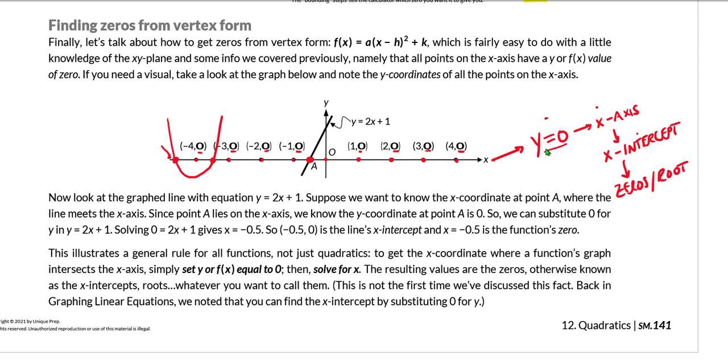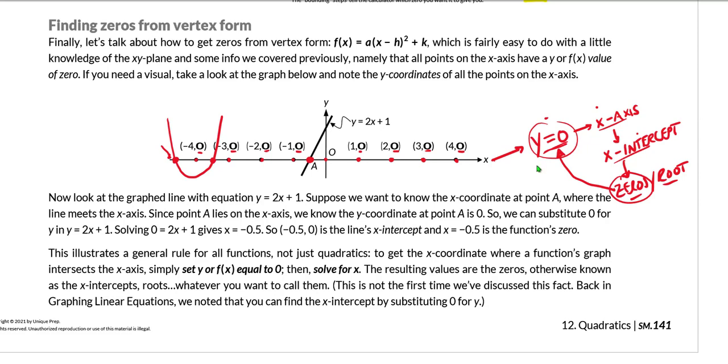So to follow this line of reasoning, if we see a graph and we want to know where the roots or zeros of that graph are, we just look at the x-intercepts, because the x-intercepts are on the x-axis, and we know that on the x-axis all of our y values are 0. That's the definition of a zero: the x values that make y equal to 0.